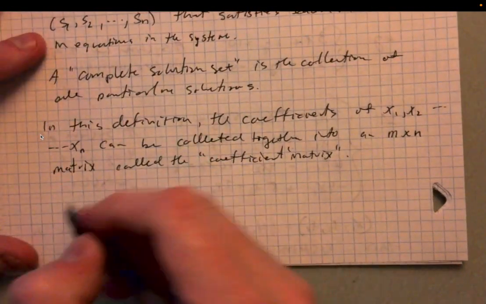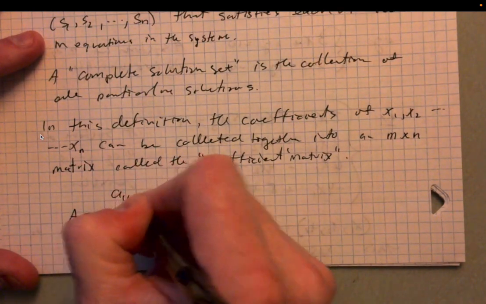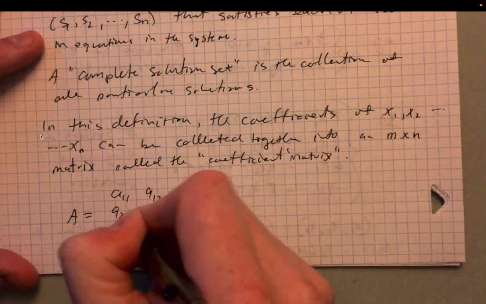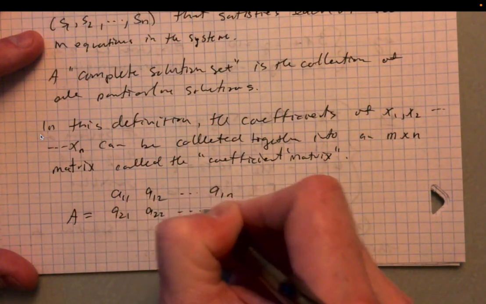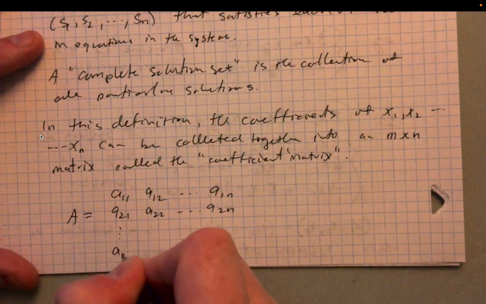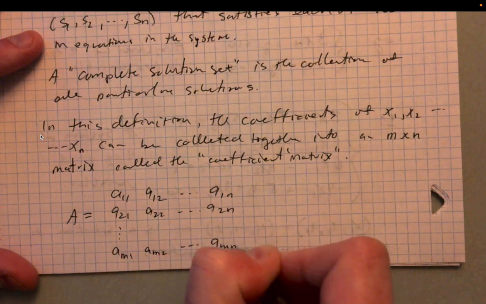Okay, so an m by n matrix. And it would look like this: a11, a12, dot, dot, dot, a1n, a21, a22, dot, dot, dot, a2n, right? And then so on, am1, am2, dot, dot, dot, amn.